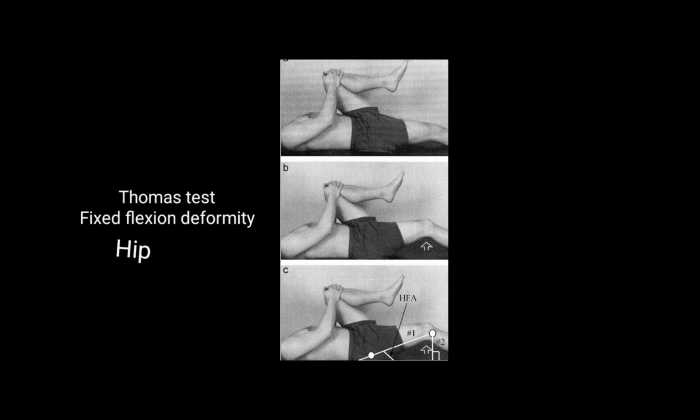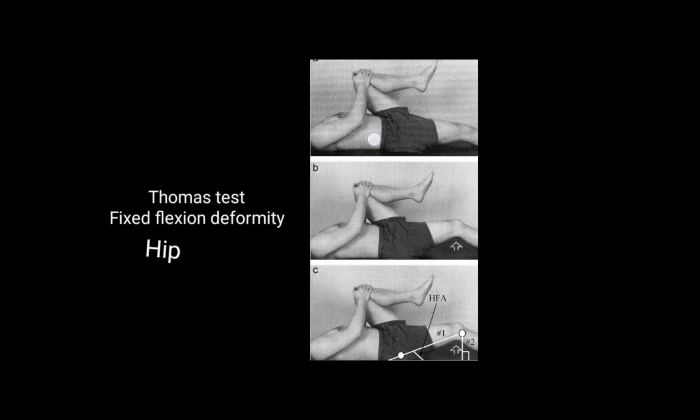Then this is Thomas test. Thomas test is used for fixed flexion deformity. Here the flexion deformity will be there in the hip region, and this is due to psoas muscle. The classical example of this is TB hip. Thomas test is used for testing that. And we need to remember the steps of the Thomas test.